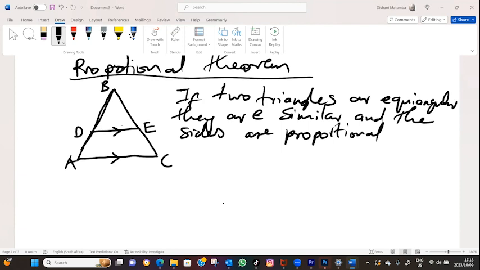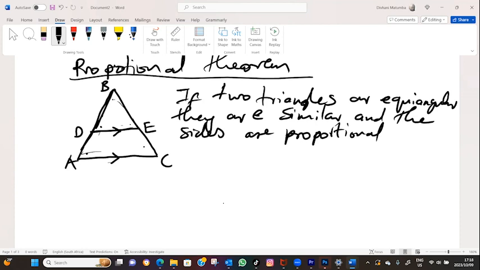Okay. So what we know is that these two angles are the same. These two angles are the same. And the two triangles, the bigger one and the smaller one, share a common angle. So it means these two triangles are similar.